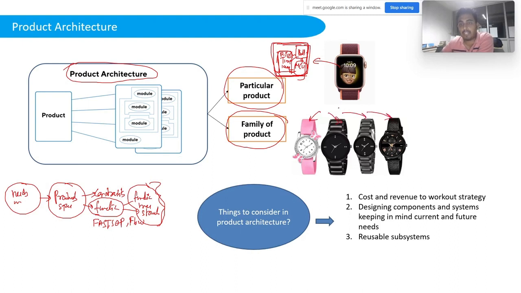For example, a particular company like Titan may have a product lineup of their watches having some sort of similarities and some sort of differentiation. And in this particular lecture, I'll be discussing how to choose a particular product architecture and how companies decide whether to go for different product architectures.